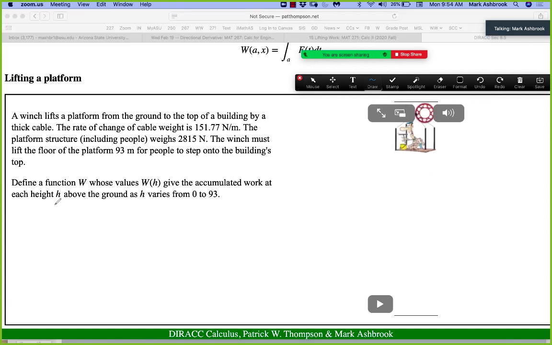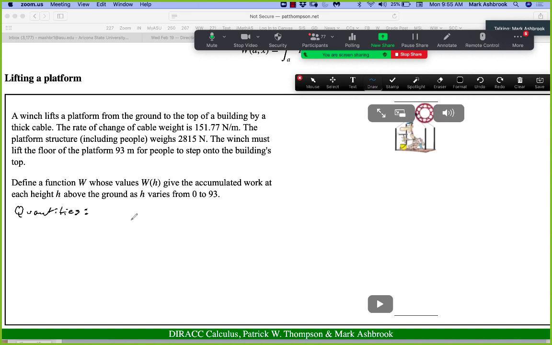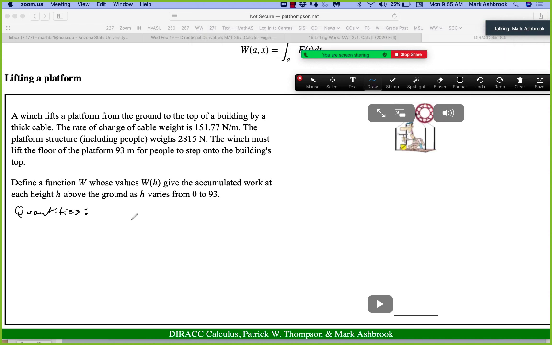If we read this and we know that the winch is pulling the thing up, it's going to require work to pull up the platform. So let's first write down all the key quantities. And by quantities I mean temperature, distance from home, or things like that. So what are the key quantities in this scenario that's going to help us figure out the work?